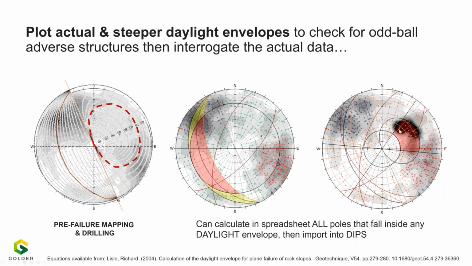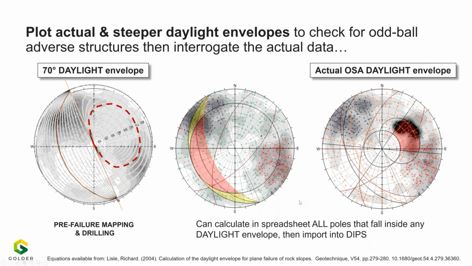So if you take this one and you take that larger one and just look at the poles within that zone, then you can start to do the same exercises we did earlier and then see shear strengths and wonder about what you need to use in analysis. So your daylight envelope here is for the true overall slope angle, and this was for a fictitious 70-degree slope. And now I'm going to pass it back to Angela for any questions.